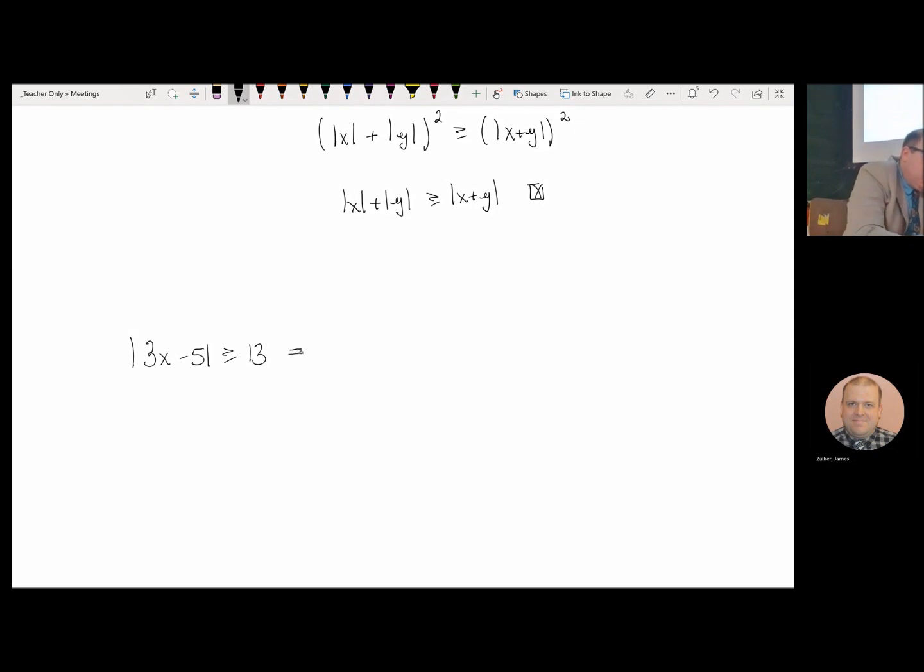Remember the interpretation. 3x minus 5 will be less than or equal to negative 13, or it'll be greater than or equal to positive 13.